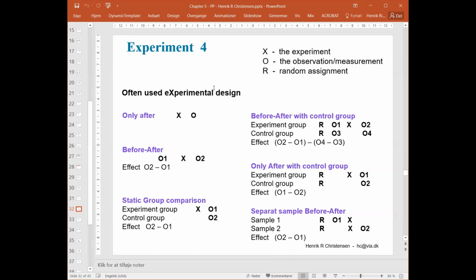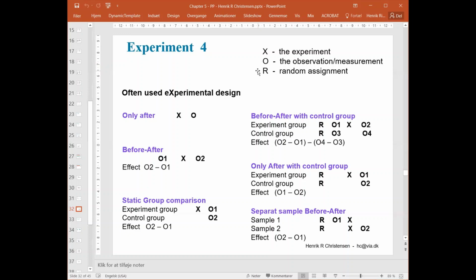And if we look at the first one, only after, and we note that we have X, and X is the experiment. That could be free lunch. We have O, that's the measurement, the observation.